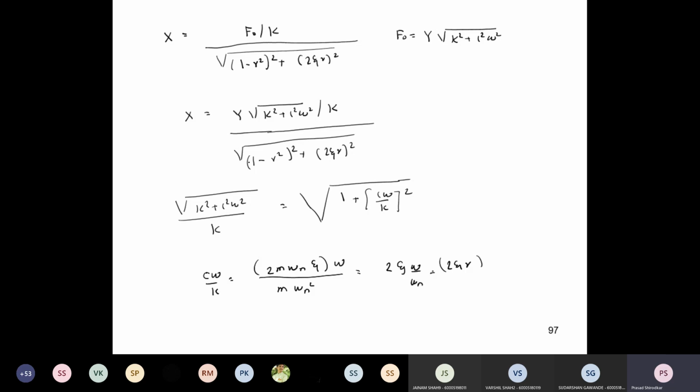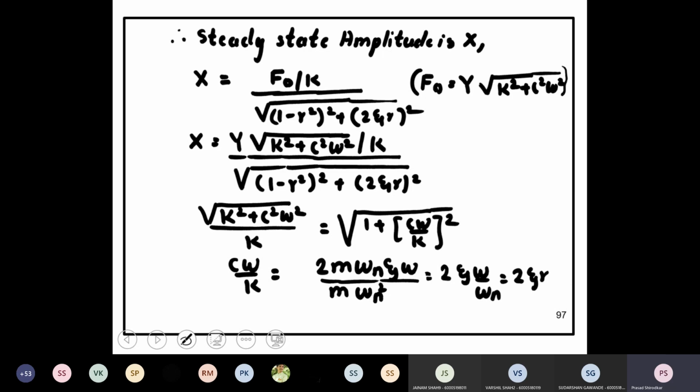So the numerator term, the square root term divided by k, reduces to 1 plus, and this c omega by k I am going to replace with 2 zeta r.